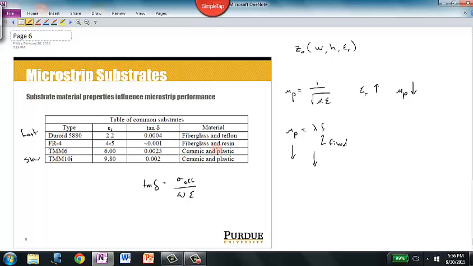Some of these materials are extremely brittle and difficult to mill and to use in actual manufacturing systems, and they're not particularly rugged. So if you're going to build something out of it and then put it in a product that needed to be ruggedized, they wouldn't be good choices. And then some substrates aren't suitable to certain environmental conditions. They could oxidize or absorb liquids or things like that.